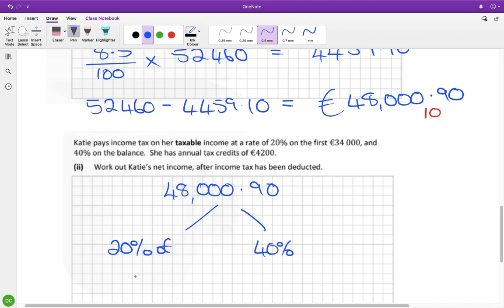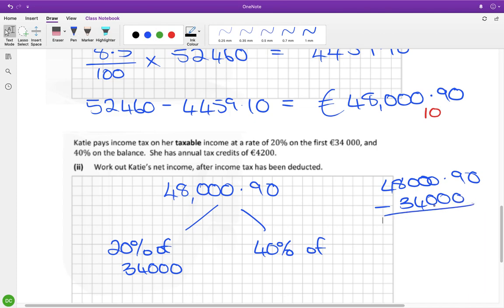So the 20% tax is charged on €34,000 and the 40% is on the remainder. So we do €48,090 minus €34,000, and that leaves €14,000 and 90 cents.